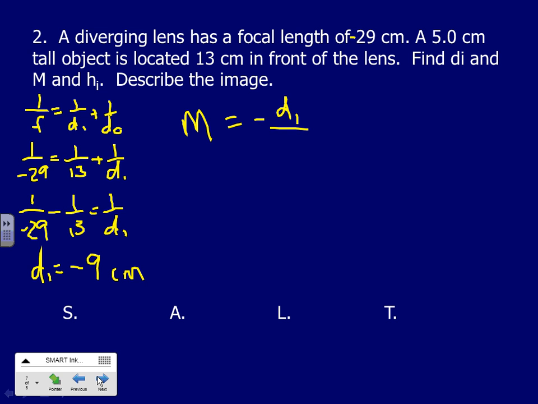M is negative DI over DO. Negative of negative 9 over, what was my object? 13. The two negatives cancel away. 9 over 13. Where did the 9 come from?